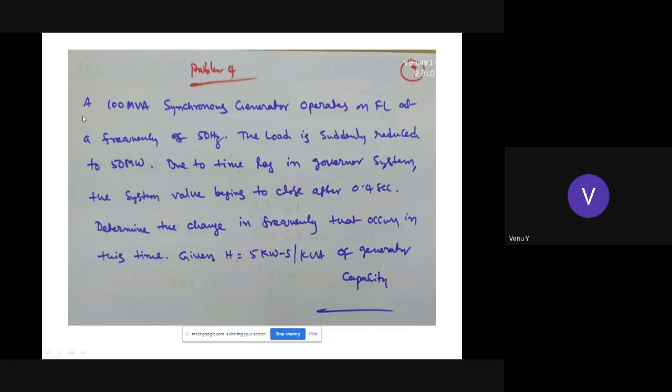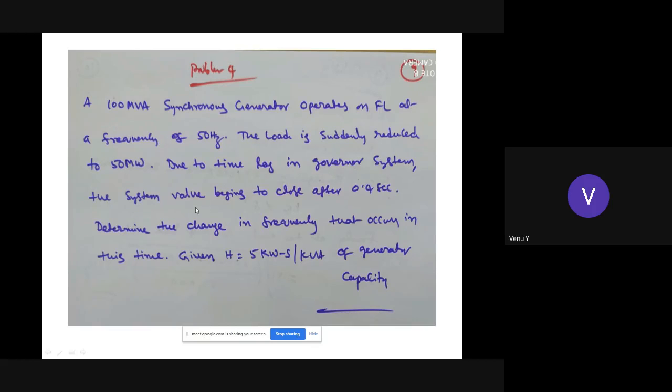Let us solve this problem. A 100 MVA synchronous generator operates at full load. The load is suddenly reduced to 50 megawatts, from 100 to 50.